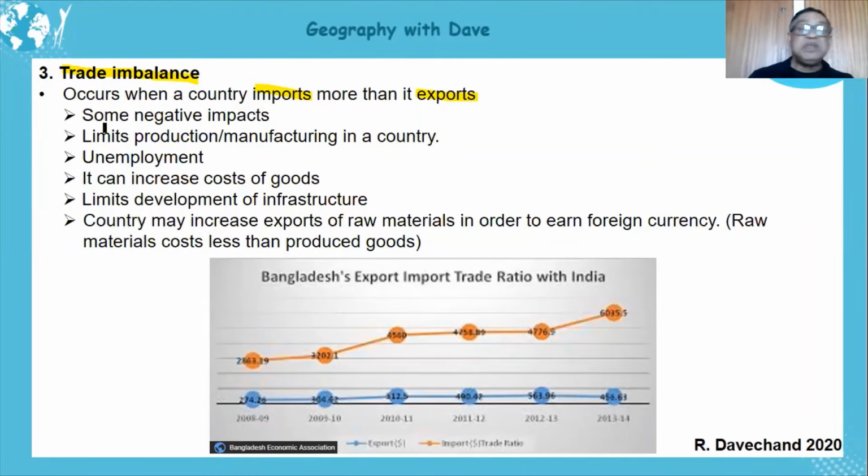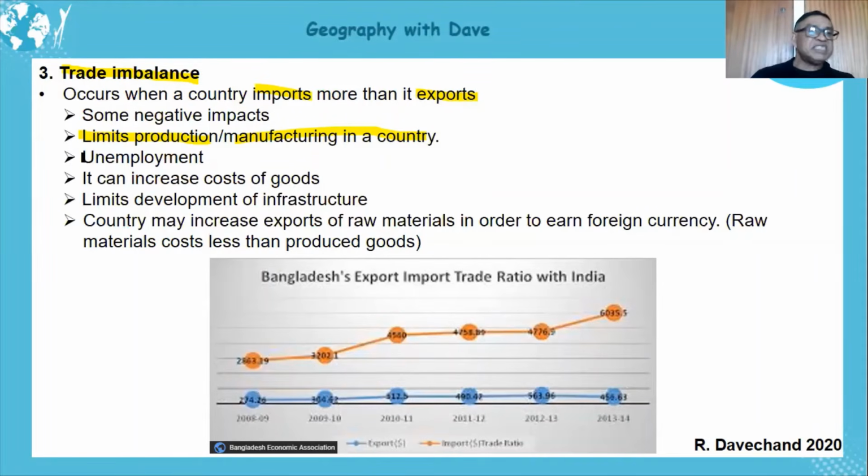What happens here, guys? It limits production or manufacturing in the country, isn't it? Because you're buying from other countries, production is less. If you're importing, that means you're not producing it in your country. It limits production and manufacturing, obviously limiting development.